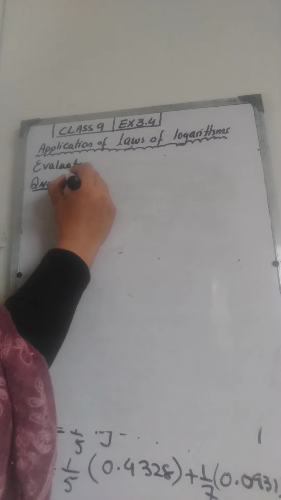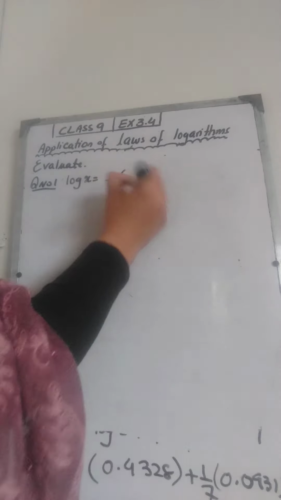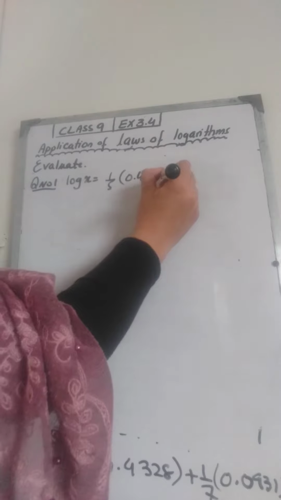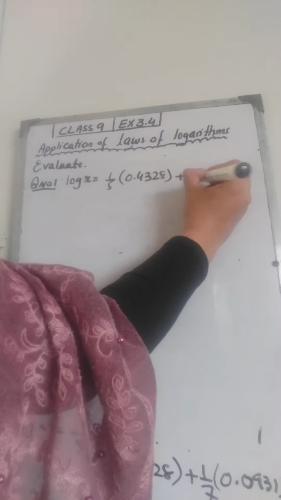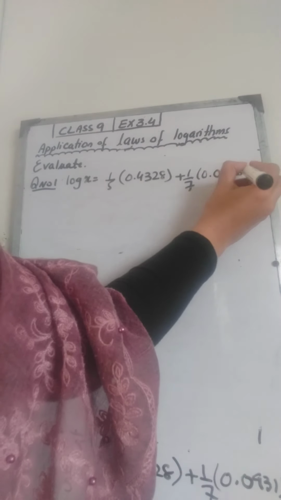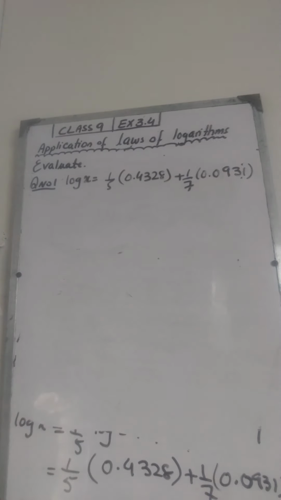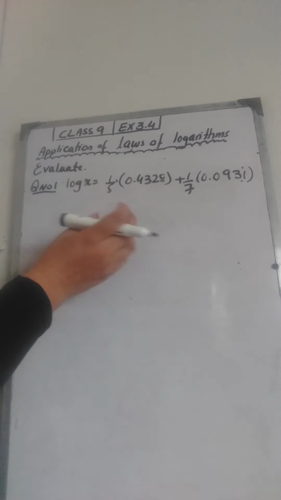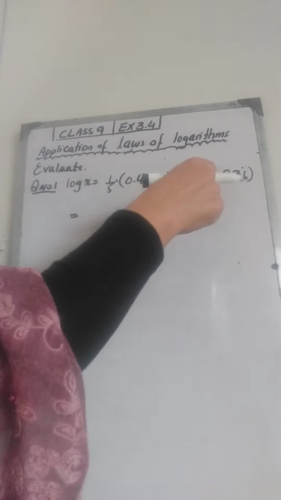What we got is, we have reached the point log of x is equal to 1 over 5 into 0.4328 plus 1 over 7 into 0.0931. So the next step is, we are going to add these two numbers. First we are going to do the multiplication according to the Bodmas rule. First the multiplication will be performed, and after that we are going to add the resulting numbers.